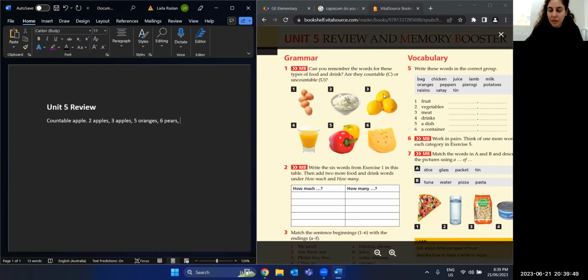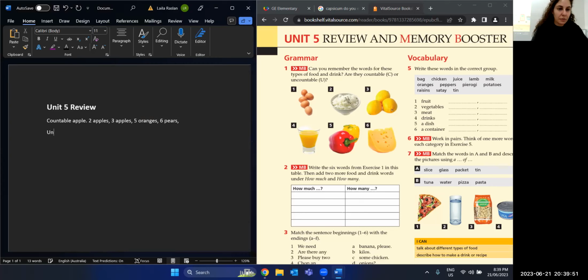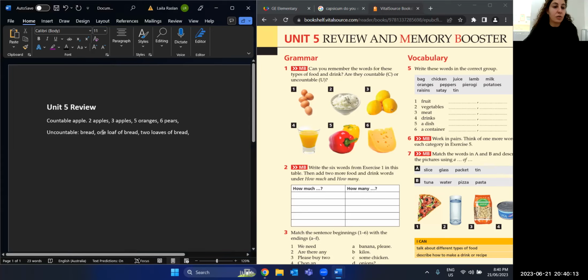Now let's find them in our image. And uncountable, just quickly before, uncountable, we cannot count them. So we have to say words like, if it's bread, I have to say 1 loaf of bread or 2 loaves of bread, or 3 loaves of bread, or rice.